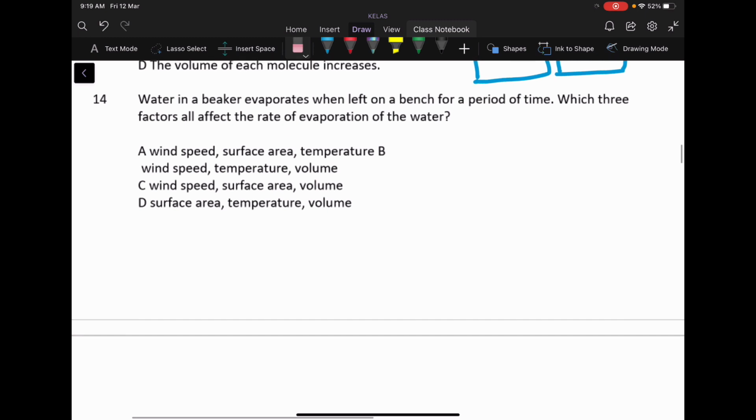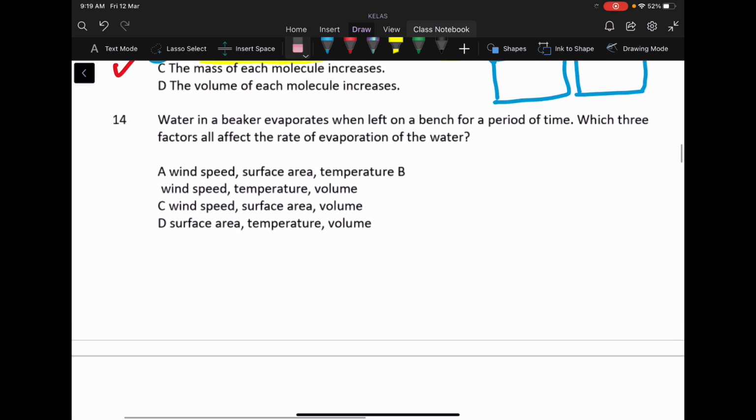Water in a beaker evaporates when left on a bench for a period of time. Which three factors all affect the rate of evaporation of the water? So this is about evaporation. This is also what you learned last time during Form 1. So what are the factors? Wind speed, true. Surface area.